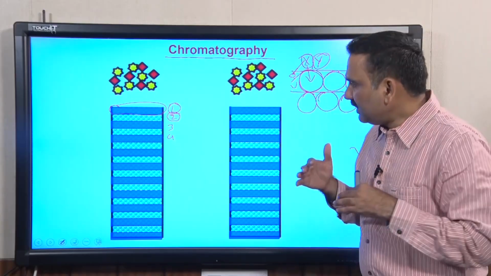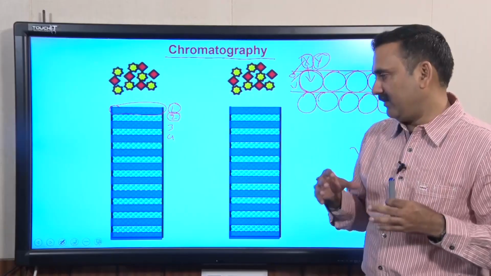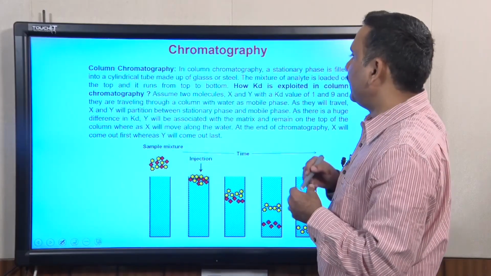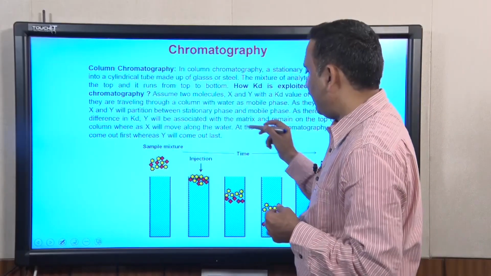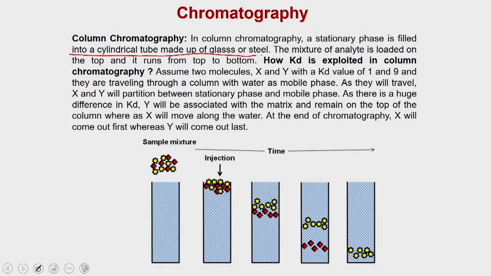Let us see how this is done in a real way. Now, imagine that you have a column where the stationary phase is filled into a cylindrical tube made of glass or steel. A mixture of analyte is loaded onto the top and it runs from top to bottom.